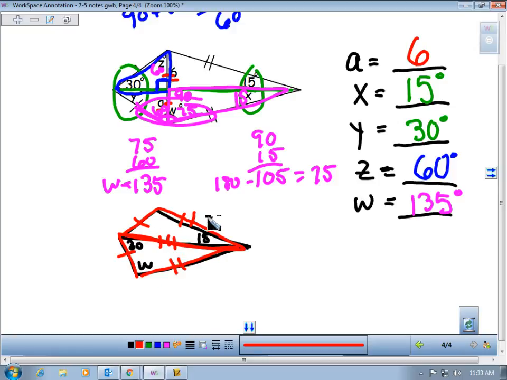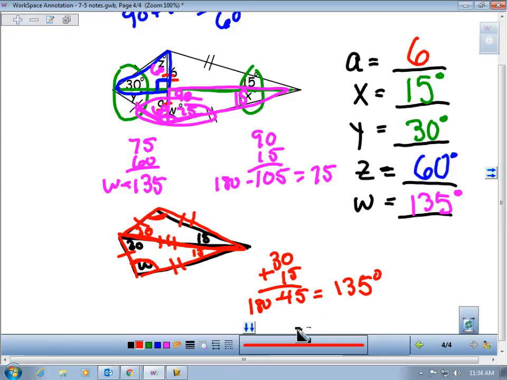These two triangles are actually congruent by side, side, side. So you have another set of congruent triangles here if you just draw the long diagonal and that's it. Which means this angle up here and this angle here at W are congruent. So if that's 30, that's 30. We know that's 15. Either way we go, we can do 30 plus 15, which is 45. Subtract that from 180, because the triangle equals 180. We get 135.